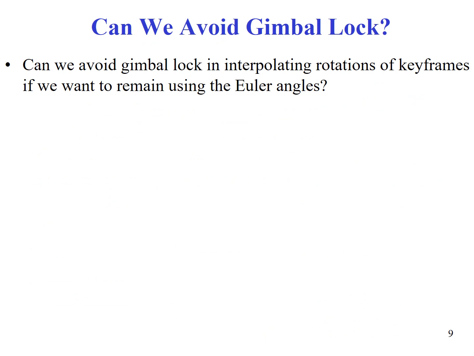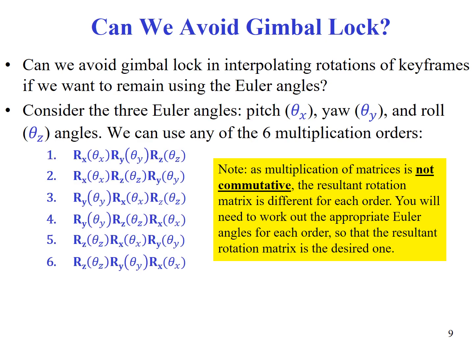Can we avoid Gimbal lock in interpolating rotations of keyframes if we want to remain using the Euler angles? Consider the 3 Euler angles, theta x, theta y, and theta z. We can use any of 6 combinations. Either rotate about the x-axis first, then about the y-axis, and then about the z-axis, or we can follow x, z, y, or y, x, z, and so on. So there are 6 possibilities.